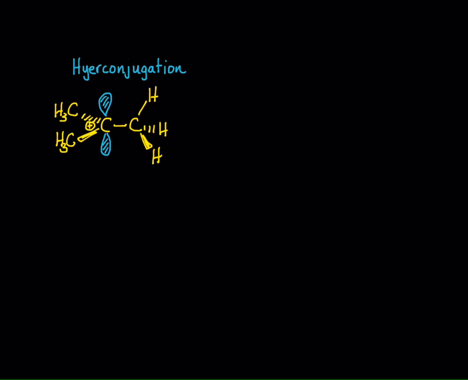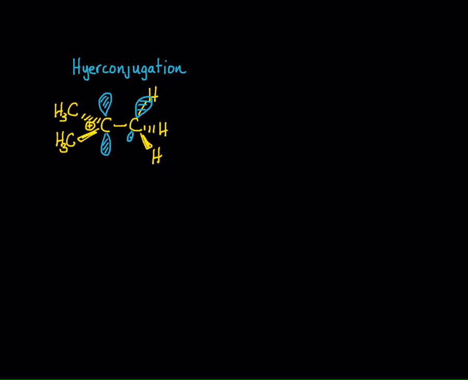Now, generally speaking, we think of eclipsed as being less stable. But in this situation, what do I have? I have an empty orbital. The reason why eclipsed conformations generally are less stable is because of electron repulsions that are occurring. In this scenario, I have an empty p orbital. And if I think about the sigma bond between carbon and hydrogen, that sigma bond is aligned with that p orbital.